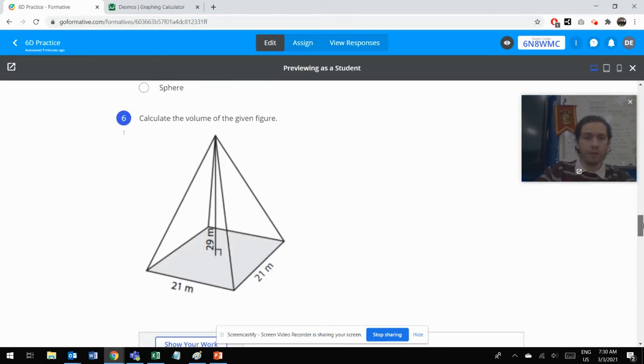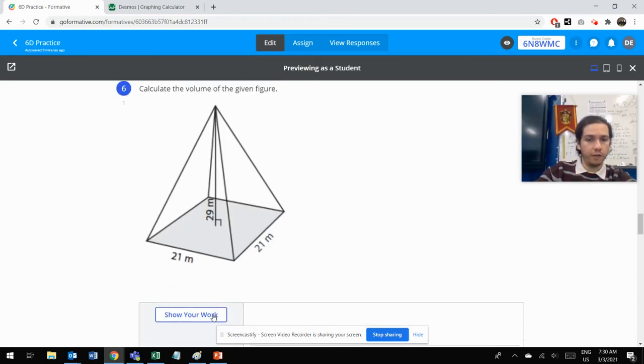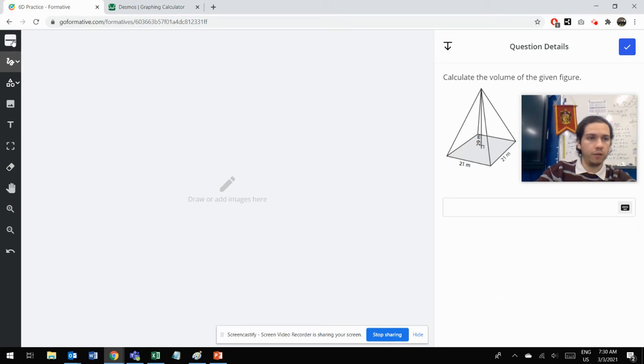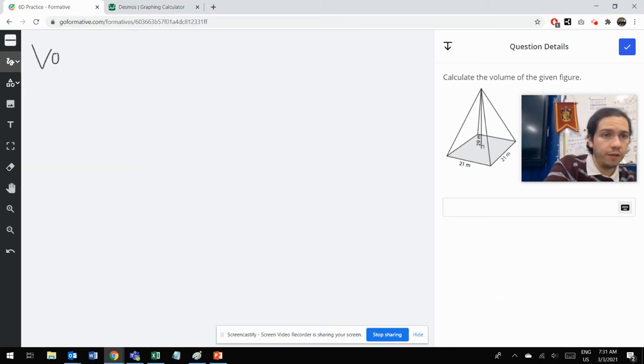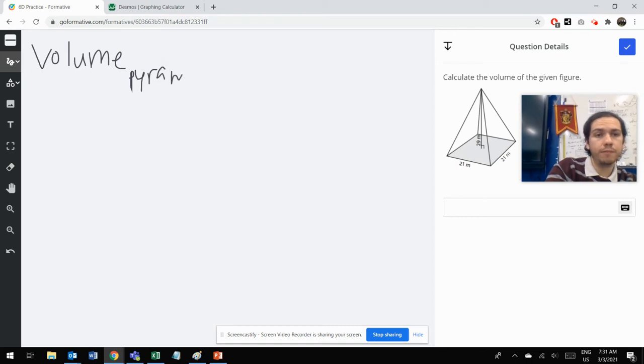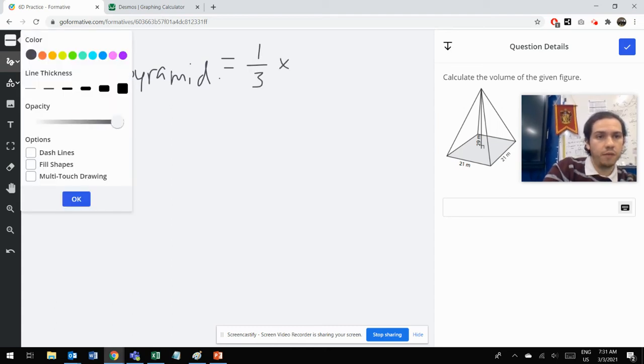So how would I find the volume of this pyramid? Well, let's go ahead and show our work here. The volume of a pyramid is very similar to that of a prism. Volume of a pyramid: we have 1/3 times the length times the width.